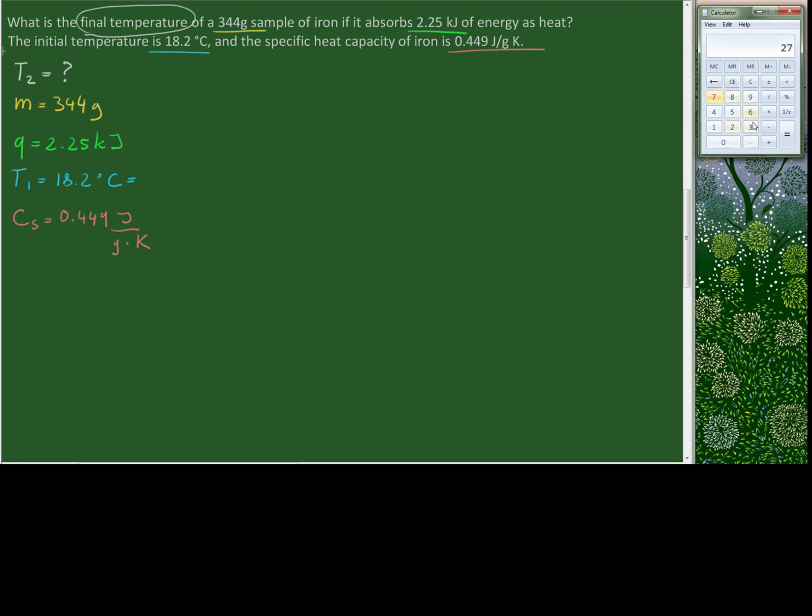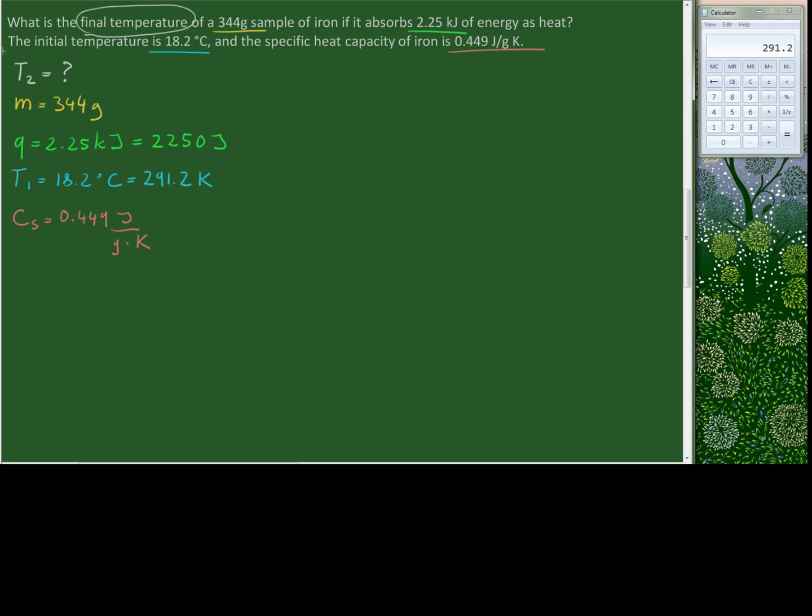So it's 273 plus 18.2, which gives us 291.2 Kelvin. Our energy is given as kilojoules, so we need it in joules. We can do that by multiplying by 1,000, which gives us 2,250 joules.